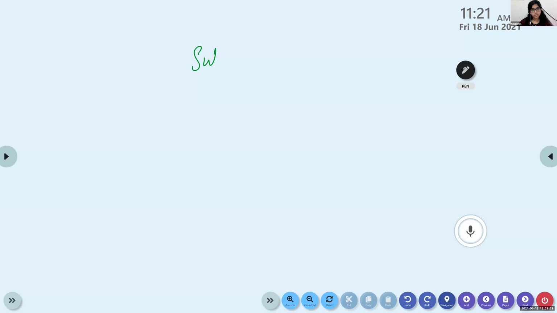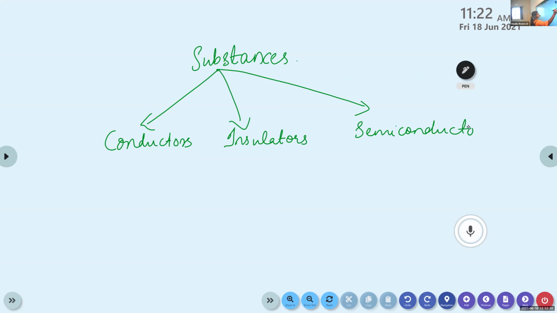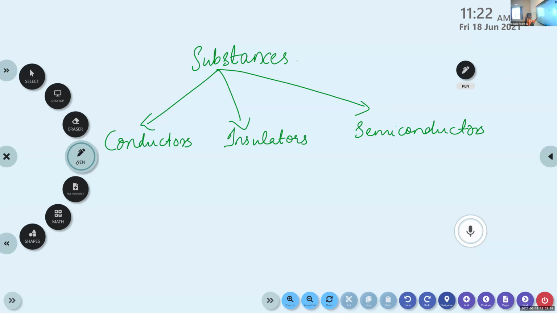So you can write here: substances are classified into conductors, insulators, and semiconductors.